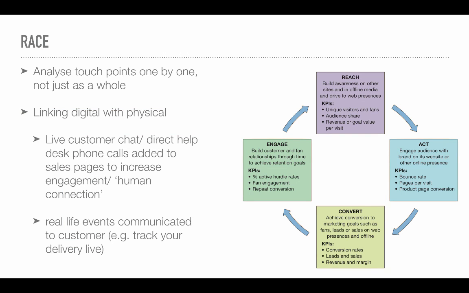So very similar to that, we have the RACE framework. So reach, act, convert, and engage. So this is linking digital and physical. So thinking about how we are live chatting is a great part.